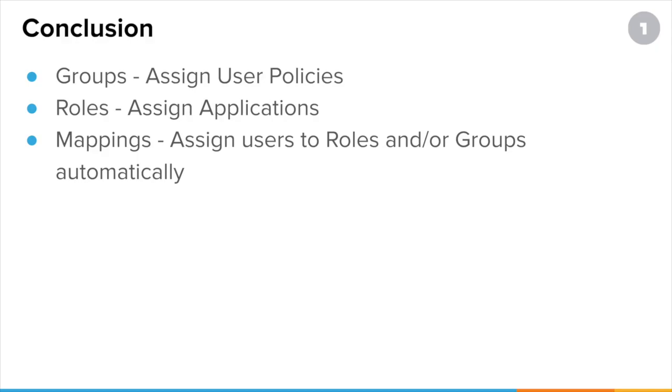And finally, mappings, for the most part, are used to assign users automatically to one or more roles and or to a group based upon user attributes matching the criteria defined within the mappings.